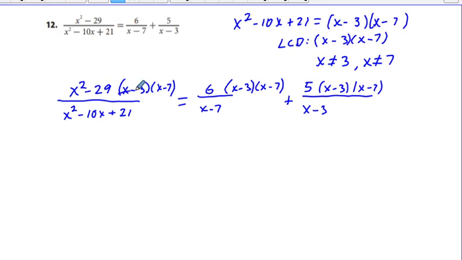So this x minus 3, x minus 7 will cancel out this denominator. This x minus 7 down here is canceled out by this x minus 7 on top. And this x minus 3 on bottom is canceled out by this x minus 3 on top. So what we have is x squared minus 29 is equal to 6.